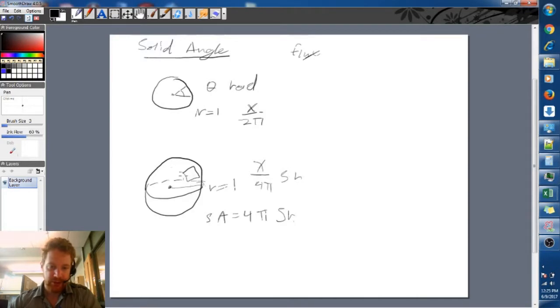So the solid angle is the amount of area subtended on the unit sphere.